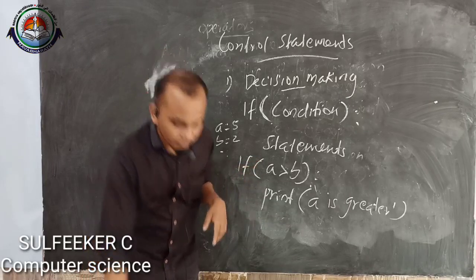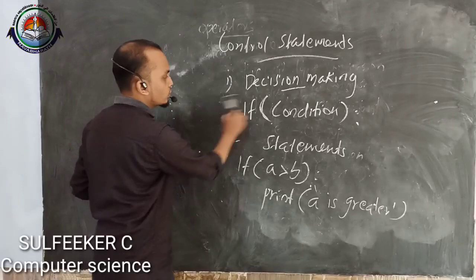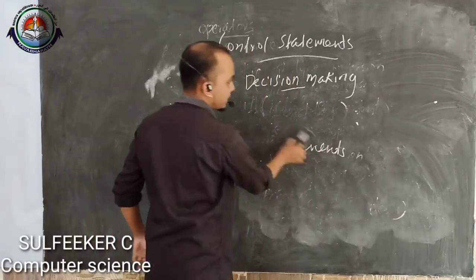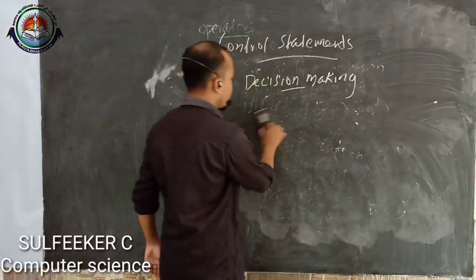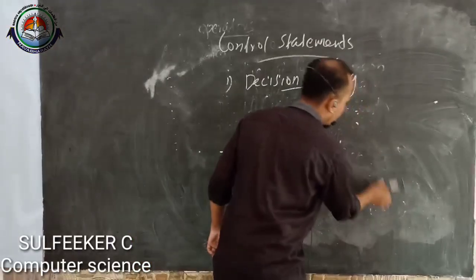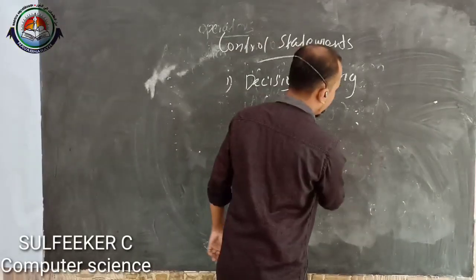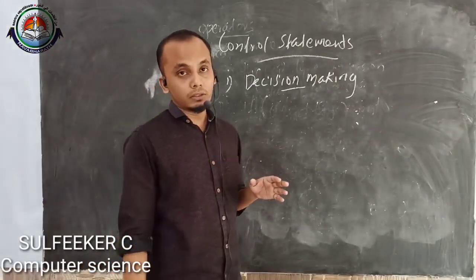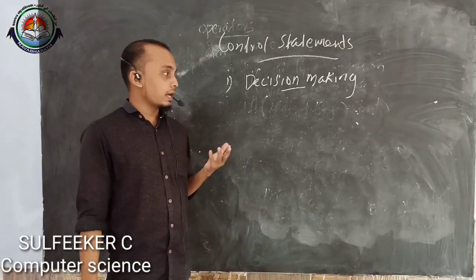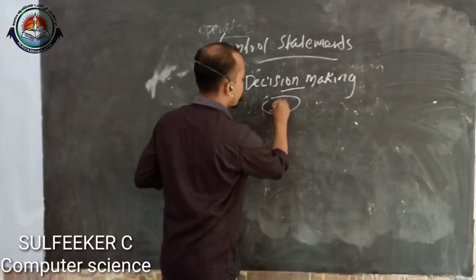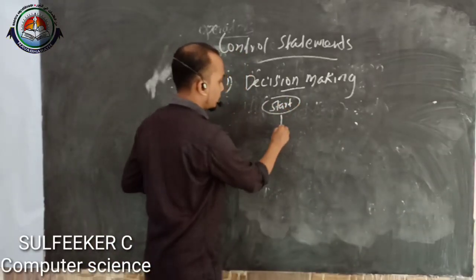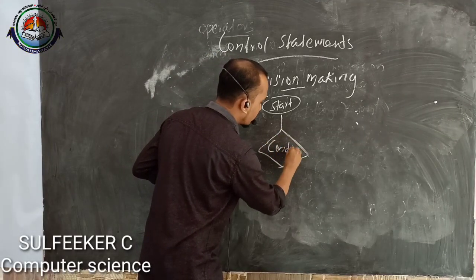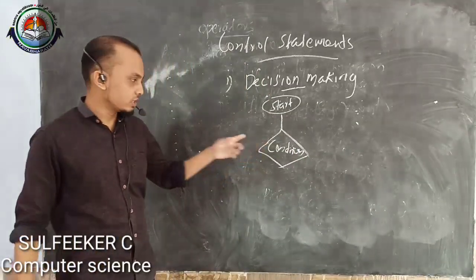Okay, simple if. We can explain its flowchart also. Flowchart also we discussed last year. You know its different symbols and all. Once again you can go through it, then only you will get the correct idea about the method of drawing a flowchart. Then the simple if flowchart: start, then condition.